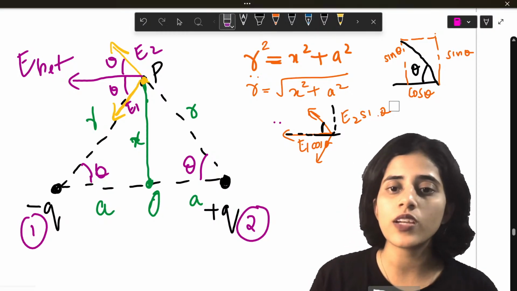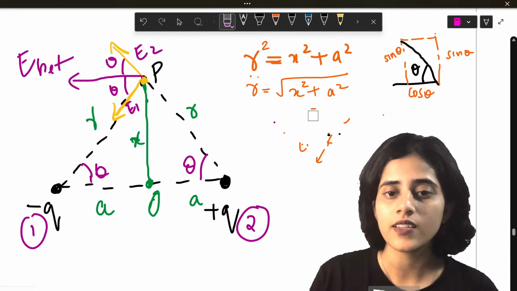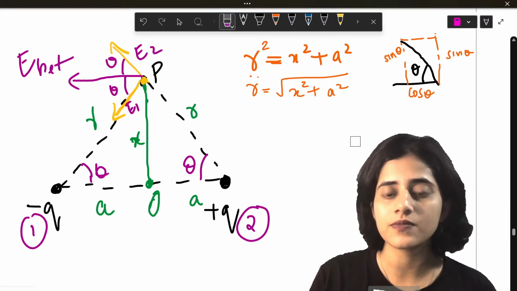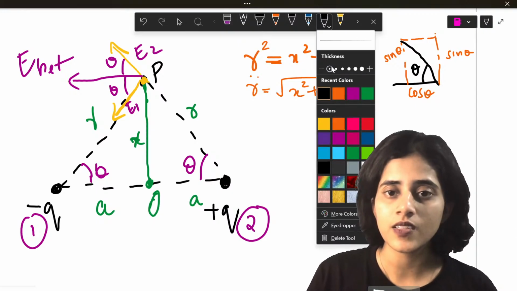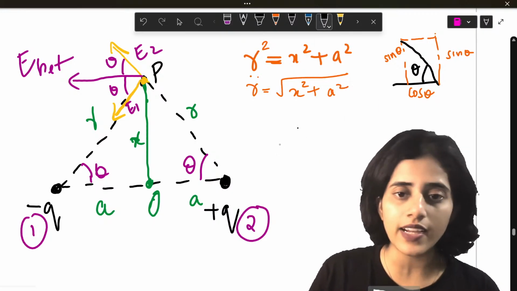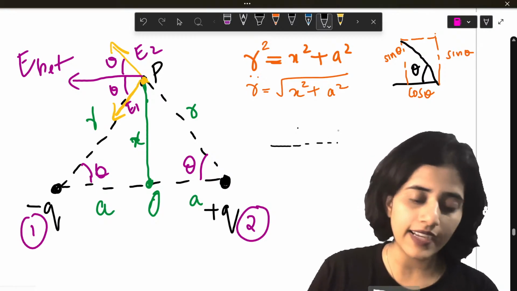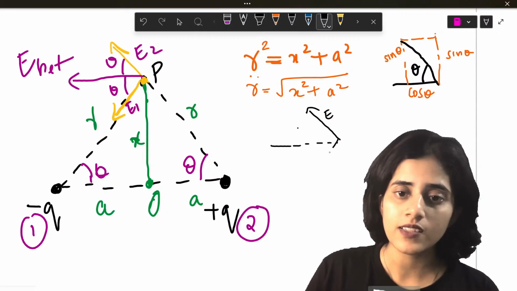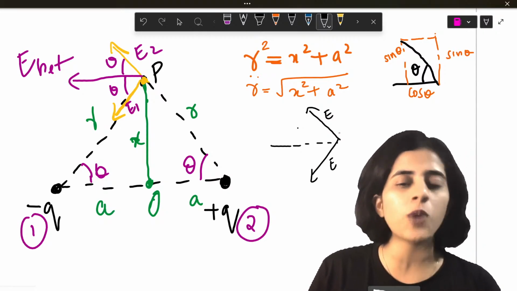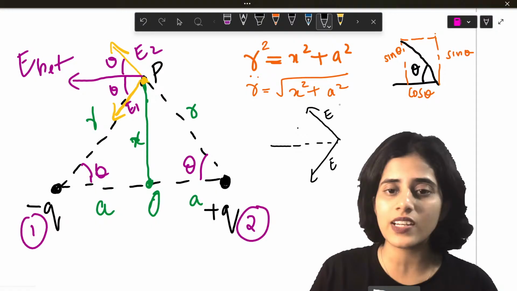So you can see that if this is a line, this is your first E, this is my second E. Since they're equal and opposite, I'll just put it as E. I don't put it as E1 and E2.